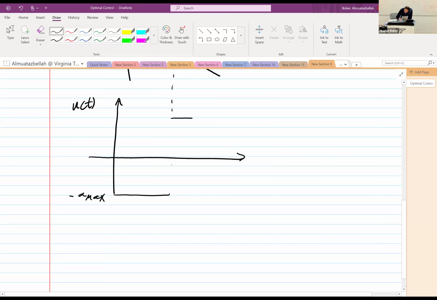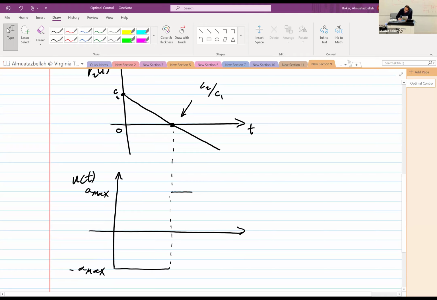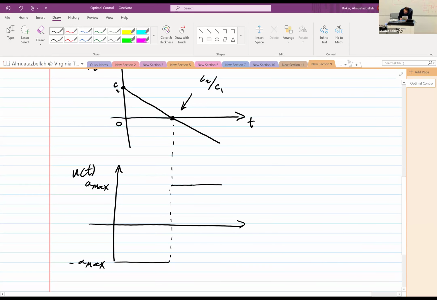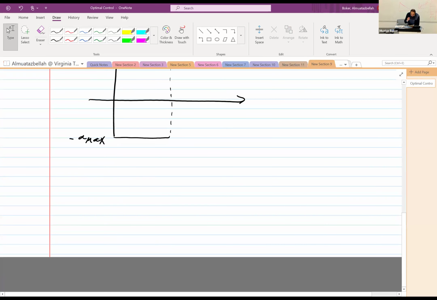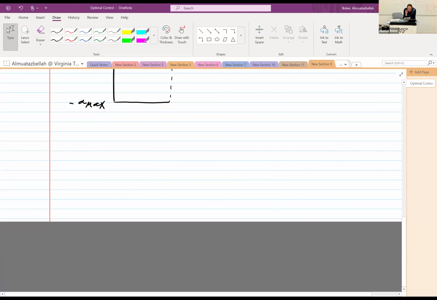And then when P2 is negative, the control will take A max. Okay? So this is how the control will look like. So what I'm doing here is just analysis, okay? I want you just to follow on with me here.